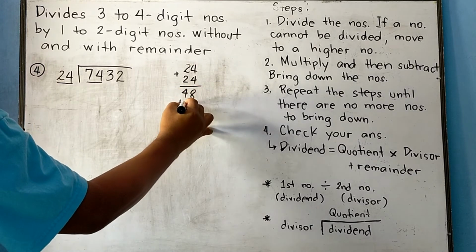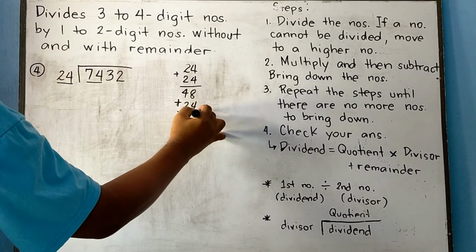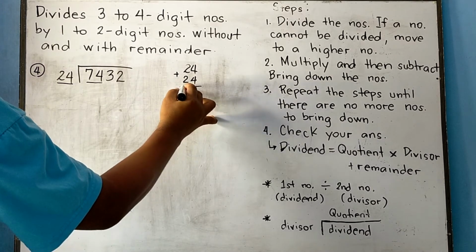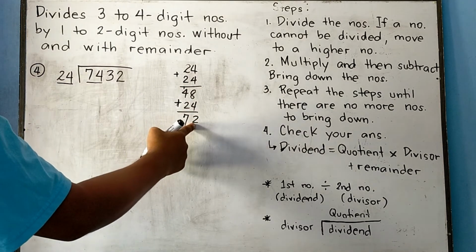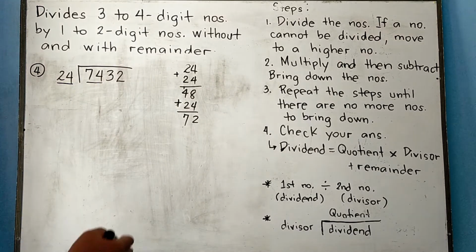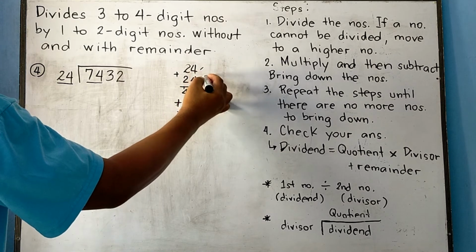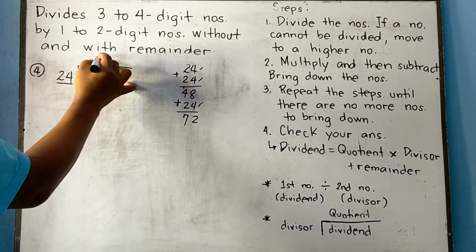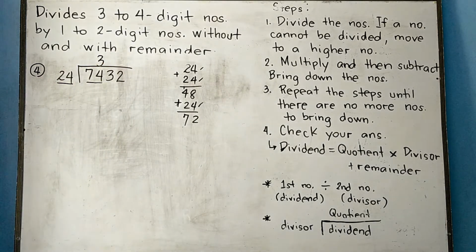And then 48 plus 24, the answer is 12, carry 1, 72. So we know that 72 is less than 74 by 2. So therefore, how many 24s are there? So 1, 2, 3. There are 3 24s in 74.